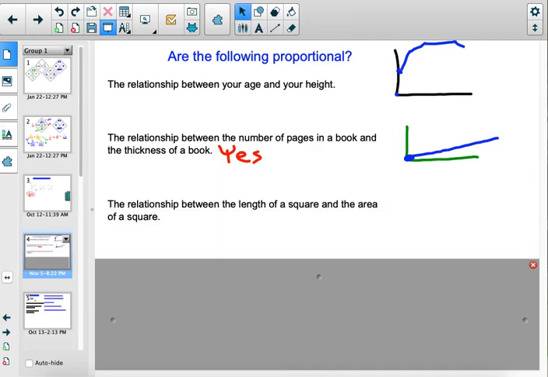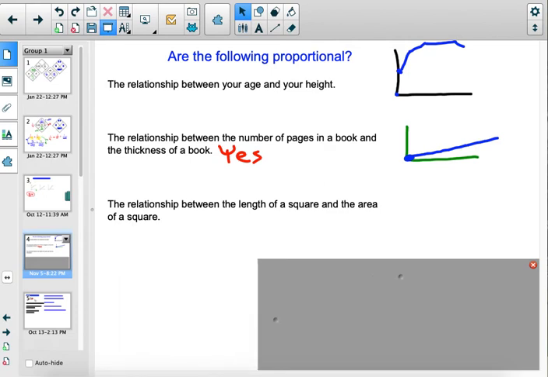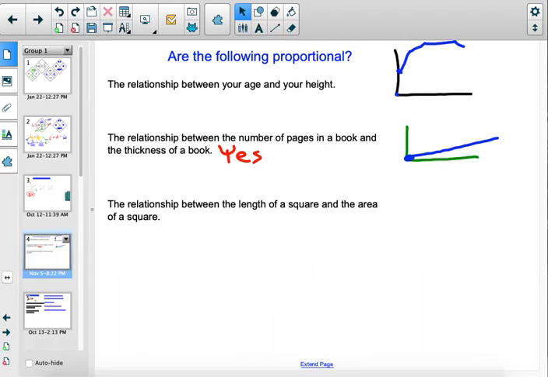The relationship between the length of a square and the area. This is the last one. You're right, but you're guessing. Think. I disagree. I agree with this table. I have a good reason.